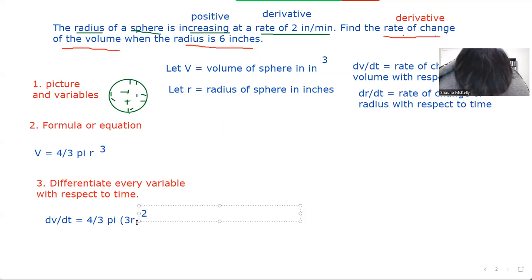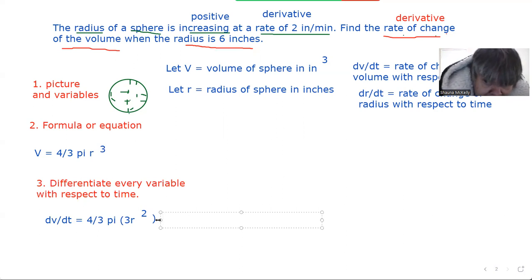That's my derivative of r cubed. But now this is an implicit derivative with respect to time, remember. So I'm going to take this 3r squared and multiply it by dr/dt, because it's an implicit derivative. Okay, so there's my equation right now.